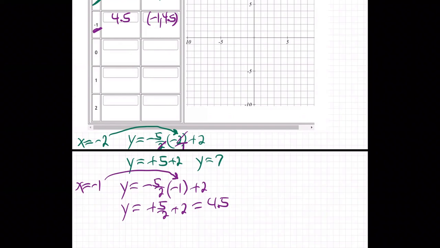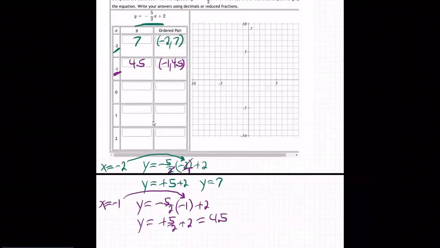Oh, I see. Yeah, it'll take decimals. All right. Okay, so we're good on that one. I just checked to make sure it'll take decimals. So now let's go to the next one.